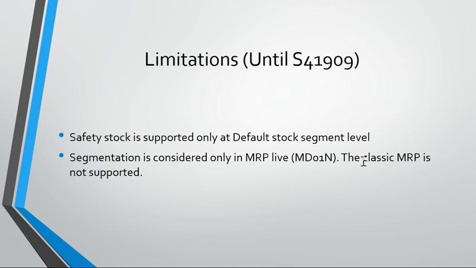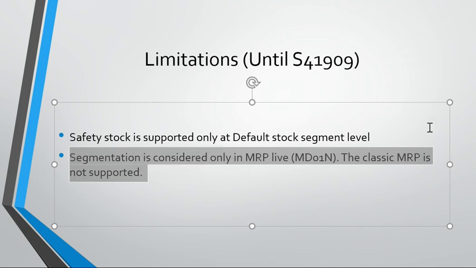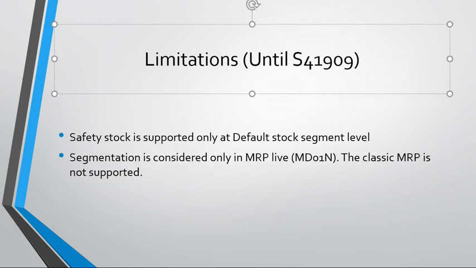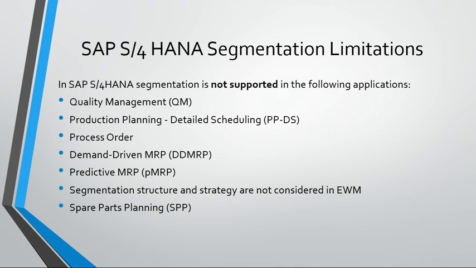But you can make it a default stock segment only. It is available at the default side only. If you want to maintain something default, it can be done. And MRP, I have already told, it is available at MRP Live. Classic MRP is not supported.